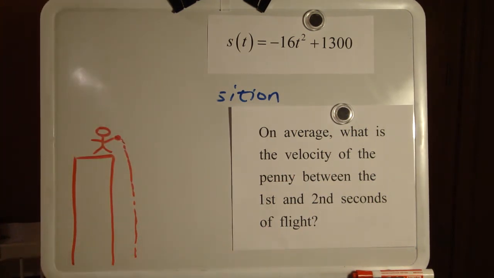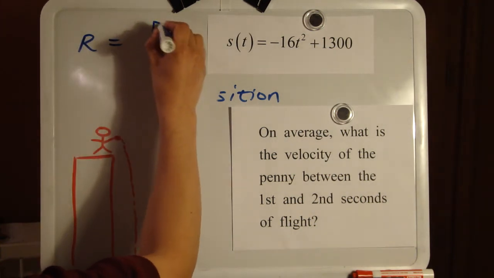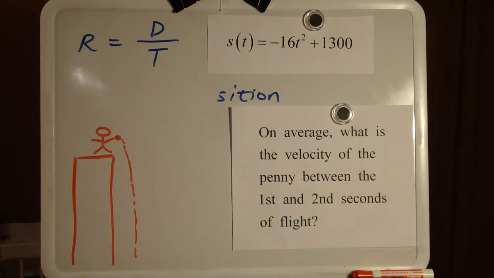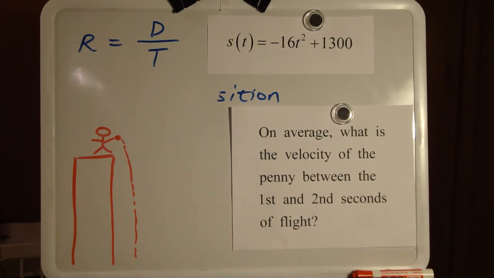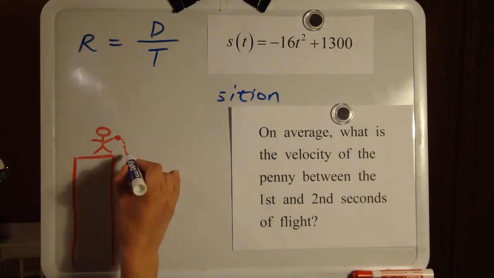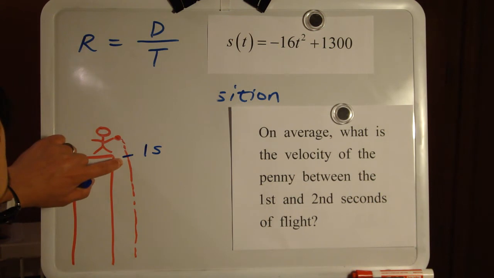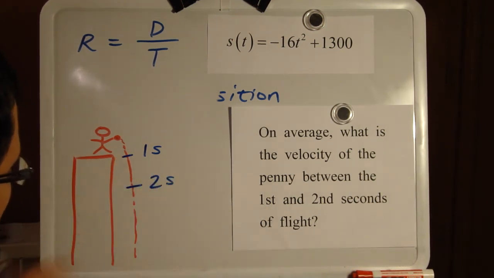Okay, so if we think about this question, this one is all about average, so we can go back to our basic formula, right? The rate is equal to the distance traveled over the time that has gone by. So this is saying what's the average velocity in between the first and second seconds. So as the penny begins to drop, we could probably take a snapshot and say after 1 second it is here, and then maybe after 2 seconds the penny is here.